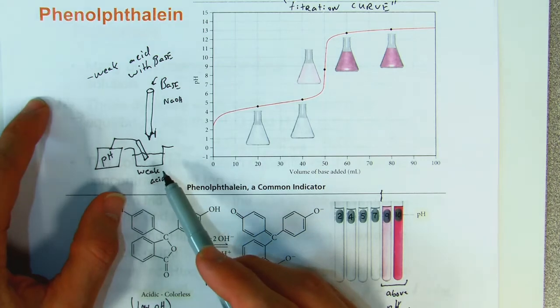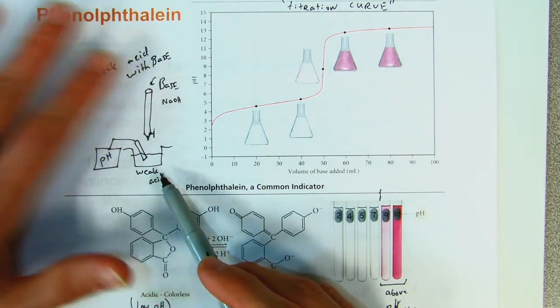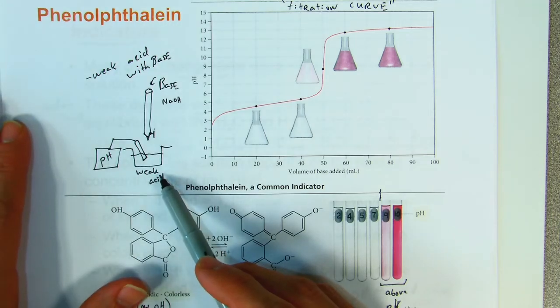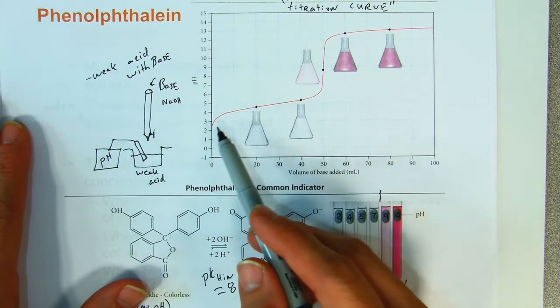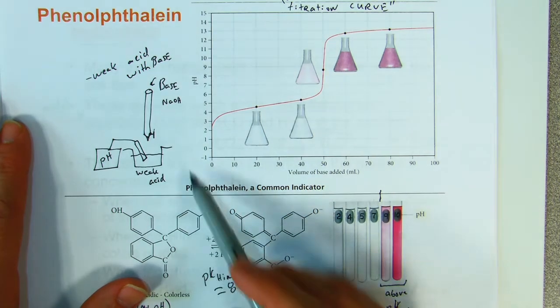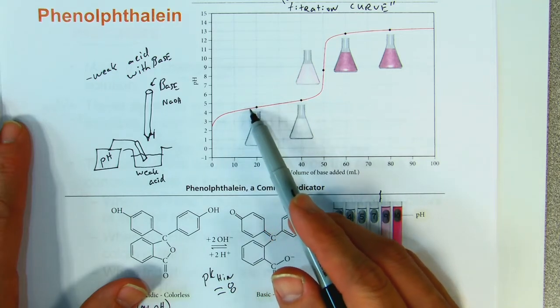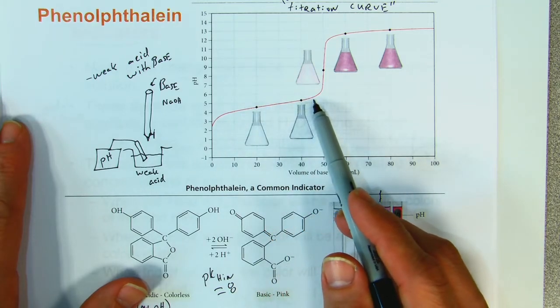Now, if I add 0 base, I haven't added any of this. I just have a solution of a weak acid down here. And because of that, the weak acid will donate some protons, making it acidic. So it makes sense I'm going to start off at acidic conditions, right? But then I'm going to start adding my base, and I'm going to start titrating the acid. I move through this region of the curve, which is called the buffer region.